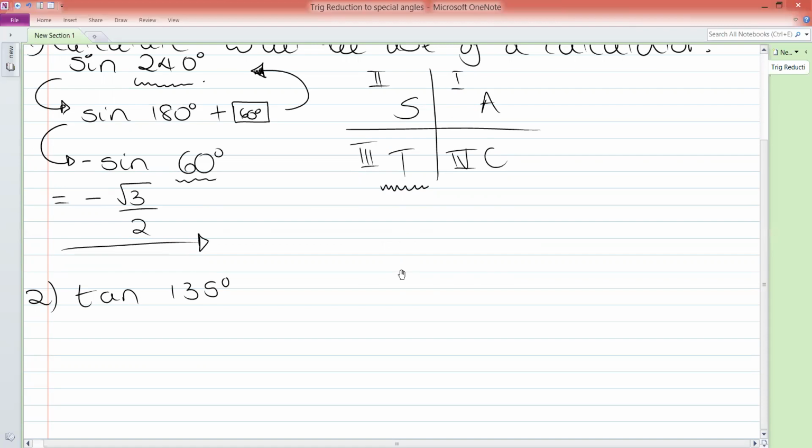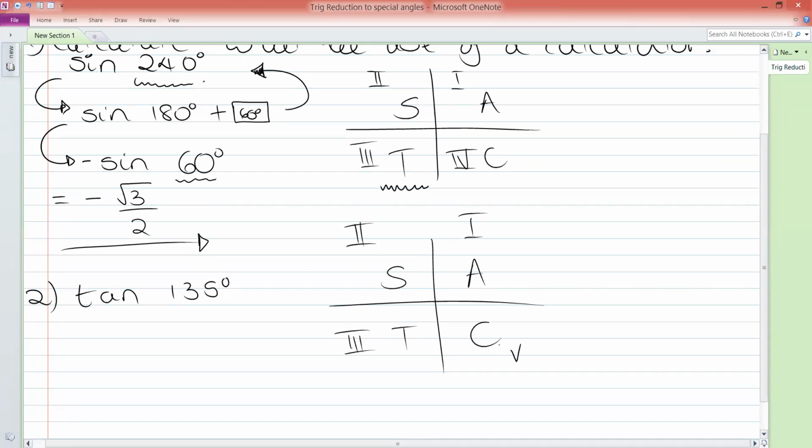So tan 135, let's think about which quadrant 135 is in. Remember, this is our Cartesian plane: first quadrant, second quadrant, third, and fourth. Which one do you think it's in?